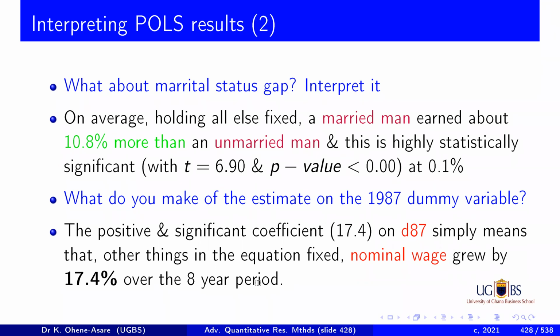So always look at the time dummies as what is happening to the dependent variable over that time. If it is 1987, what has happened to the dependent variable in nominal terms over that time period? And that will help you to know about the time zone.